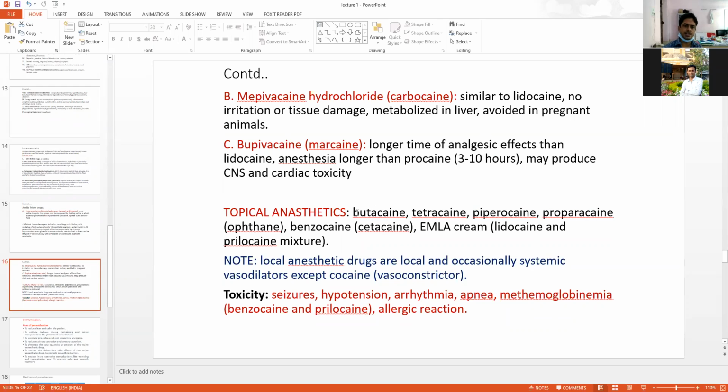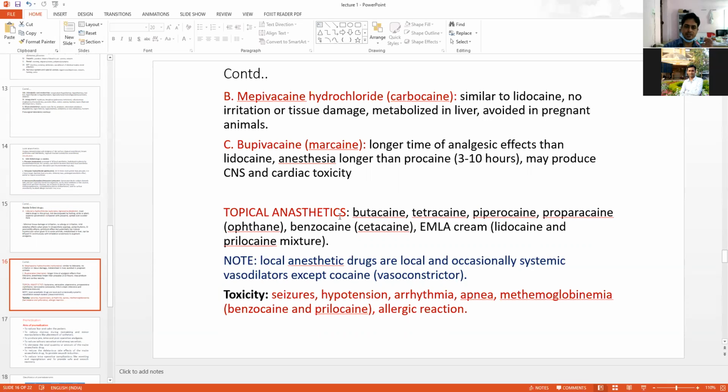And some topical anesthetics are also very important. Suppose you are going for catheterization of the urethra in a male dog or a female bitch. At least you should remember the name of the topical anesthetics, which many times you have to recommend. By using these topical anesthetics, it is very easy to go for it without pain.